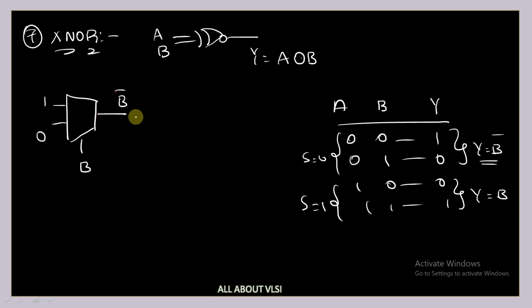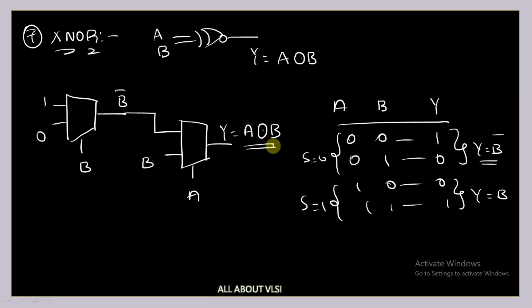Here you are going to get B bar. This you give at the first input, and this is your A and this is your B. Y is equal to A XNOR with B. Exactly. So this is how we implement all the logic gates using the multiplexer.